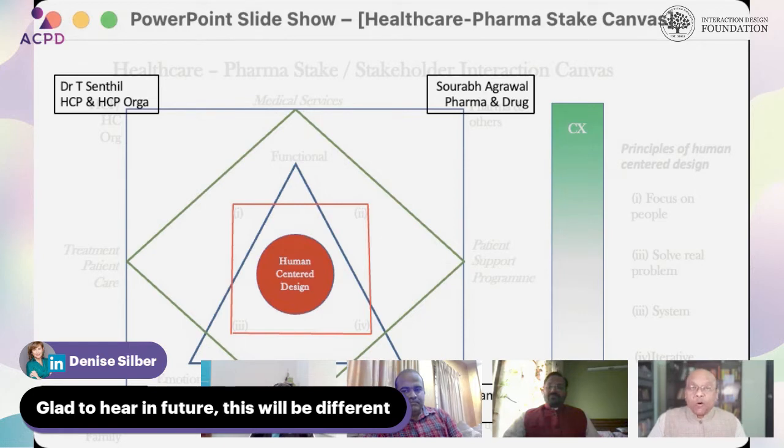From the pharmaceutical industry, we have a very senior leader, Senior Vice President of Lupin, Sourabh, as already explained by my friend Vijaya about his profile. I'm not going to repeat it again, but I know him personally, the kind of futuristic outlook he keeps.